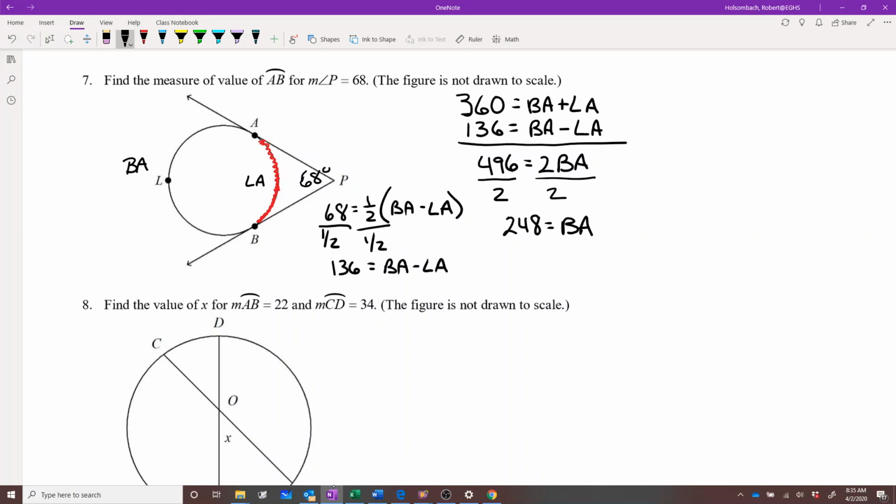If 248 is your big arc, we can substitute up top. So 360 equals 248 plus little arc. And subtract 248 from each side. So 112 is equal to the little arc.